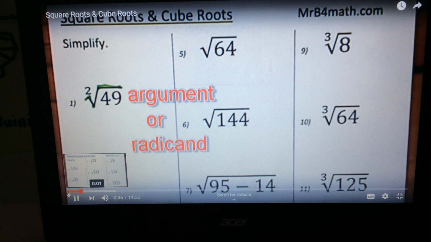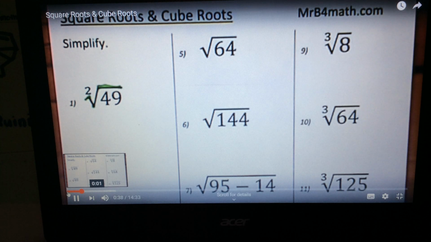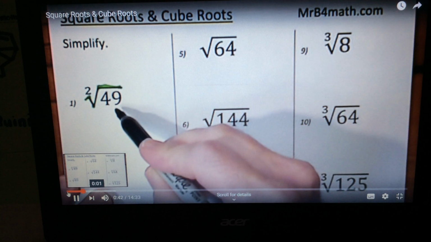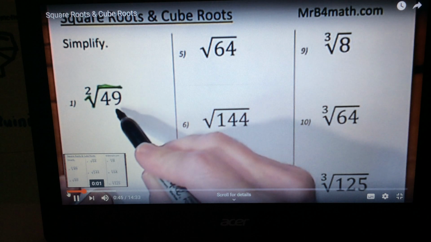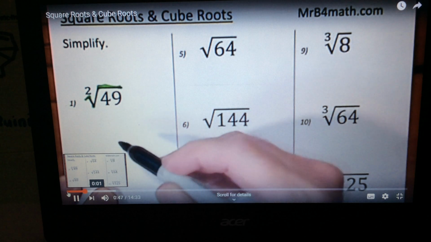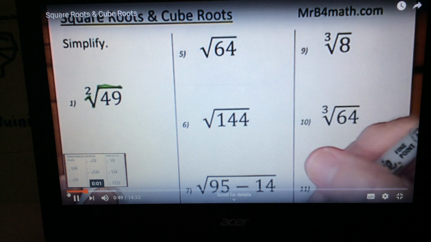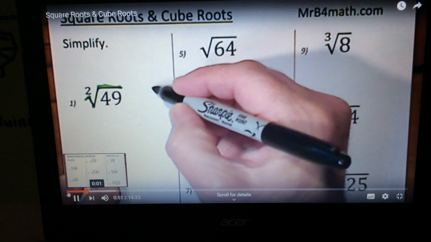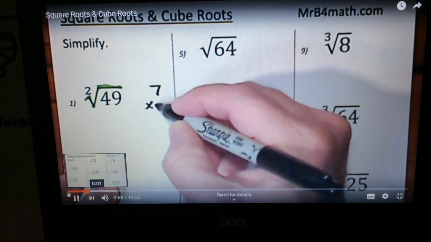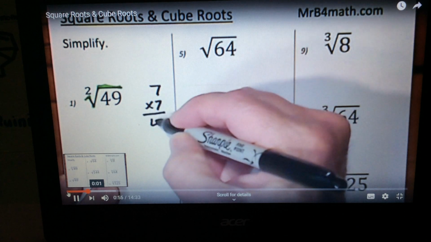The idea of a square root is you think of what number times itself will give you 49. So you just run through the numbers in your mind, and in this case, 7 times 7 gives you 49.